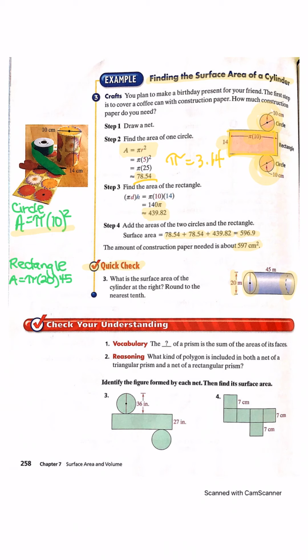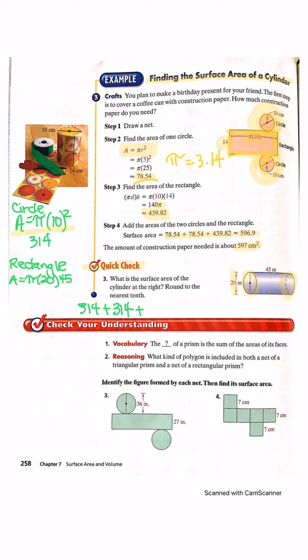Area equals pi times 10 squared. 10 times 10 is 100, times 3.14 is going to equal 314. So we remember that there's two of them. So we're going to have 314 plus 314.